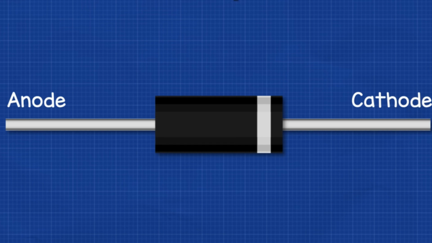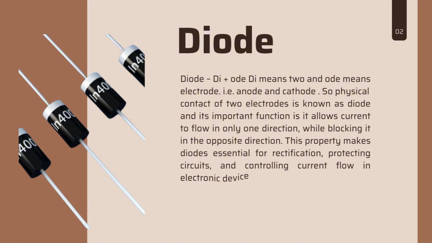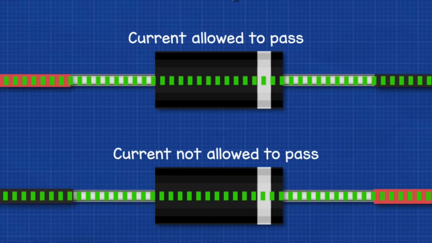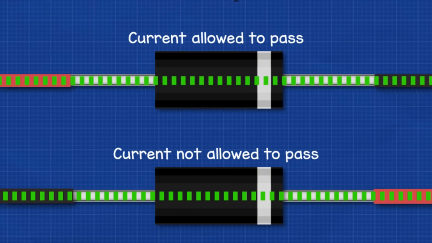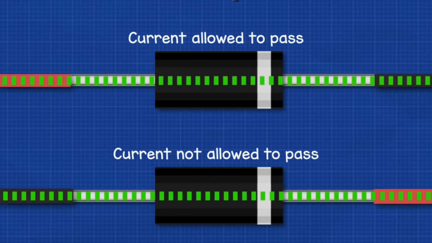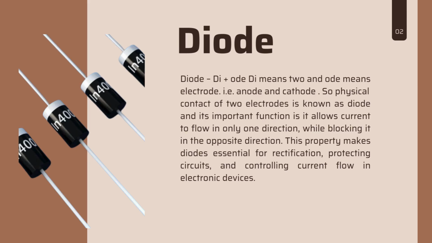So the physical contact of two electrodes is known as a diode, and its important function is that it allows the current to flow in only one direction while blocking it in the opposite direction. This property makes diodes essential for rectification, protecting circuits, and controlling current flow in electronic devices.